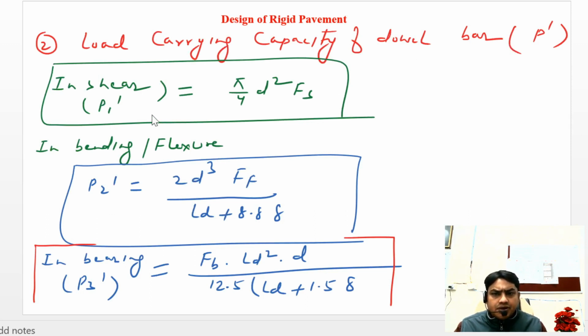In shear it can be computed by pi by 4 into d square into Fs. In bending or flexure, we can compute by P2 dash, that is 2 d cube into Ff divided by LD plus 8.8 delta, and in bearing, Fb into LD square into D divided by 12.5 LD plus 15.1.58, and the minimum value we have to take, that is the load carrying capacity of the dowel bar.